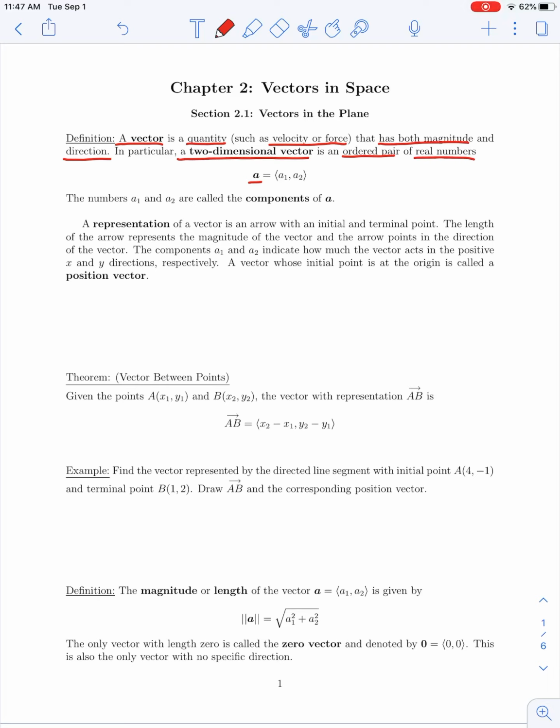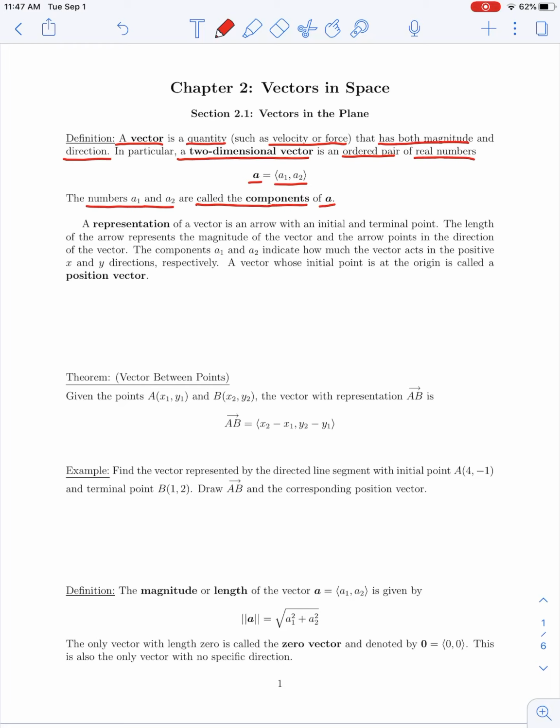So it's similar to the notation that we would use for a point in the plane. But for vectors, instead of parentheses, we use these little angled brackets around these values A1 and A2. And the numbers A1 and A2 are called the components of the vector A.